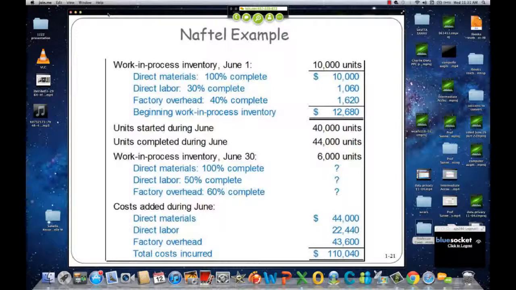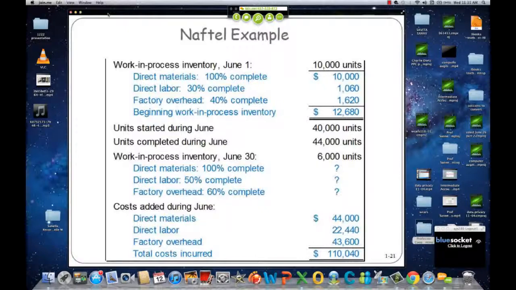Here's what we know. Very similar instruction to what we just saw. This is June based, so this is what happened in the month of June. There were 10,000 units that came in at the beginning of the month.